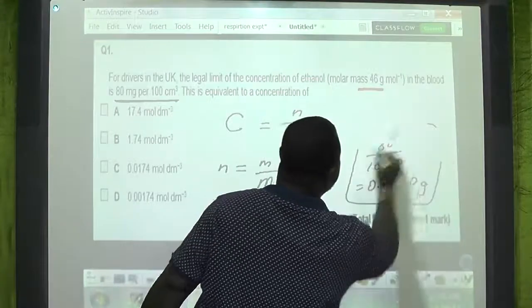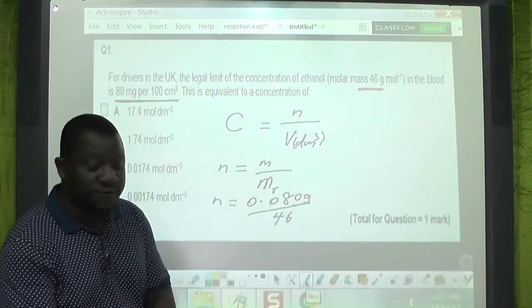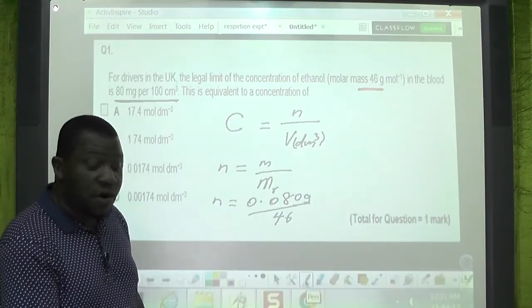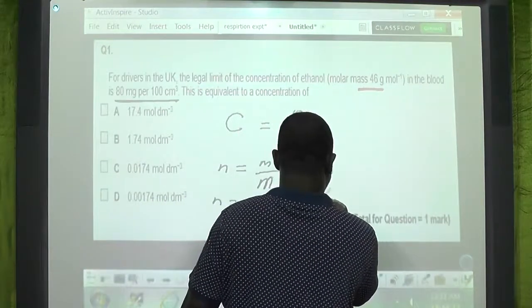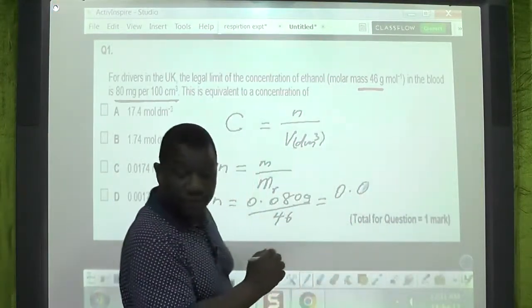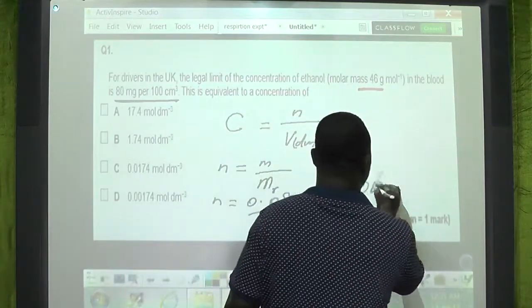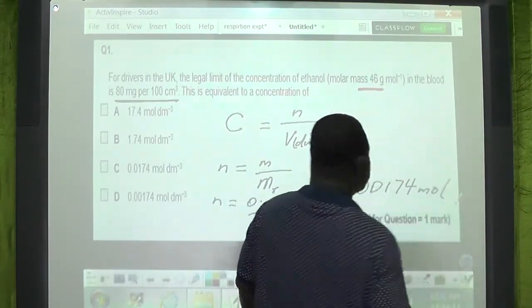Now, before we get the concentration, we need to get this. As I have calculated earlier, for it to be fast for us, I got 0.00174 mole.